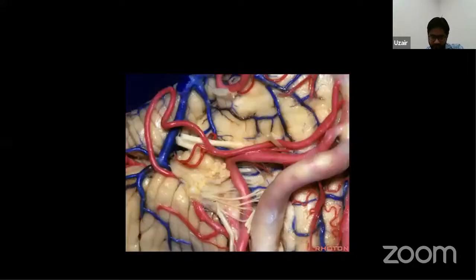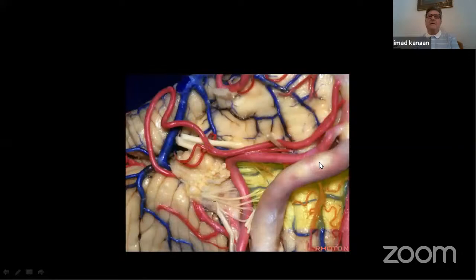This is a good picture where the origin is, from somewhere here. And then we have the anterior inferior cerebellar artery from the basilar.